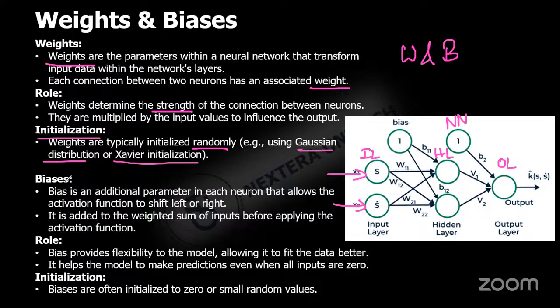Then coming to the bias, what exactly does bias do? It allows the activation function to shift either left or right. Because sometimes, the weights that were initialized might be 0, or the input values might be 0.